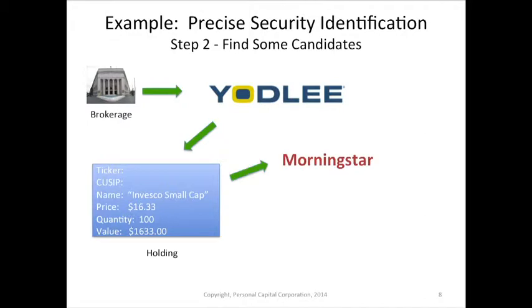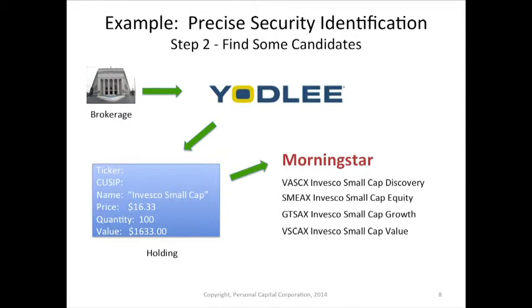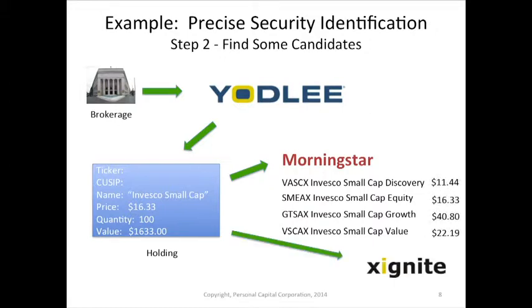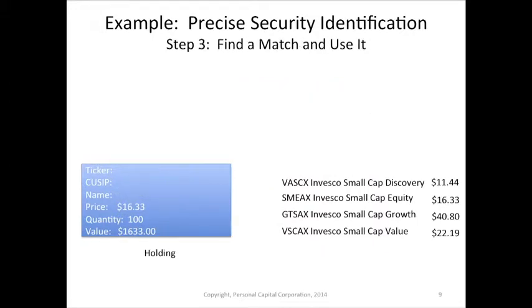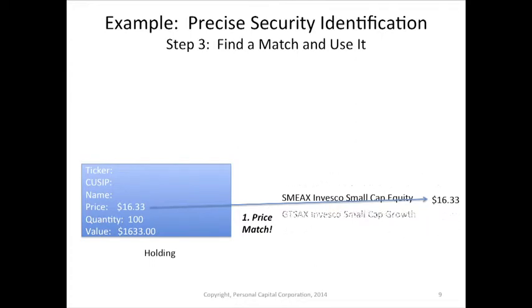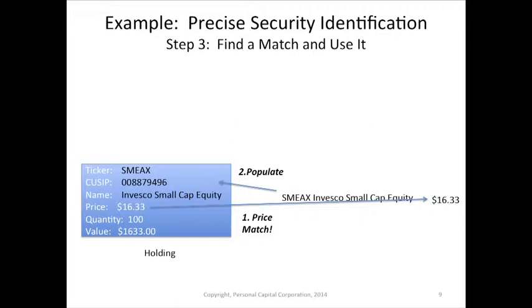So using the string description, we can go off to another data provider and find possible matches for that string. And then we can look up prices for these candidate matches using our friends over at Xignite. When we can find a close match to the price, we have high confidence, and we can go ahead and populate the actual security identifiers. This one is a mutual fund. It's Invesco Small Cap Equity.